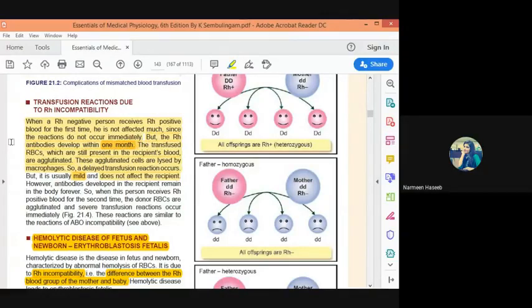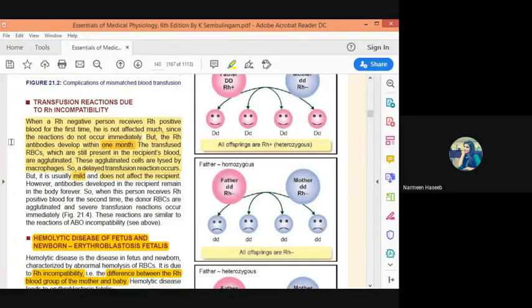So when this person receives Rh positive blood for the second time, the donor RBCs are agglutinated and a severe transfusion reaction occurs immediately. For the first time, if the blood is transfused, nothing much happens. But it will happen eventually if Rh positive blood is transfused for the second time. Because the first time, when the blood is transfused and there is mismatching, the reaction does not occur quickly.